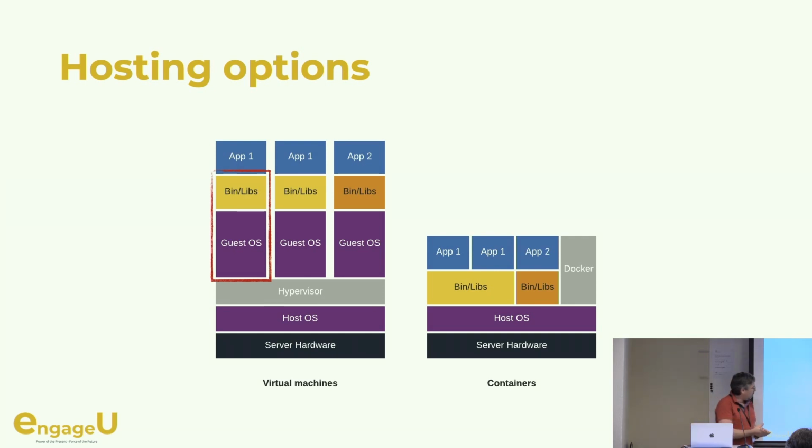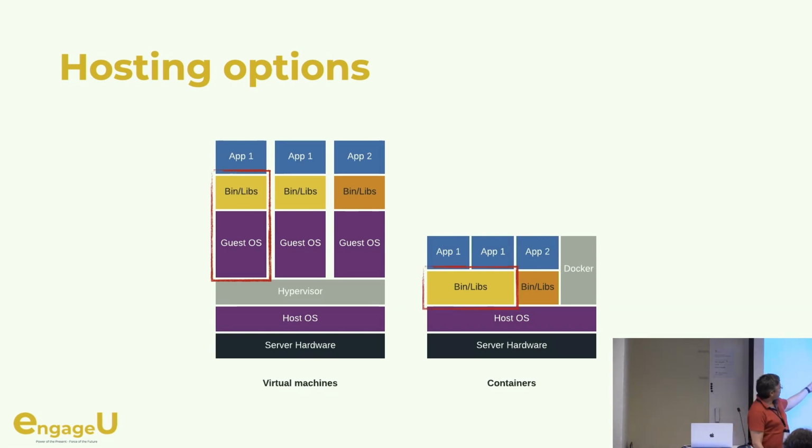On a virtual machine, you have your server hardware, you have the host operating system, the hypervisor, which is the process responsible for isolating every virtual machine. Then you have your guest OS and the libraries that you have installed, so all the programs you have installed in your guest OS to run your app.